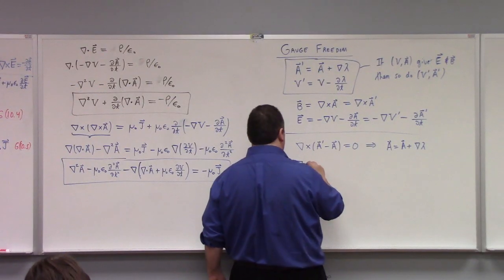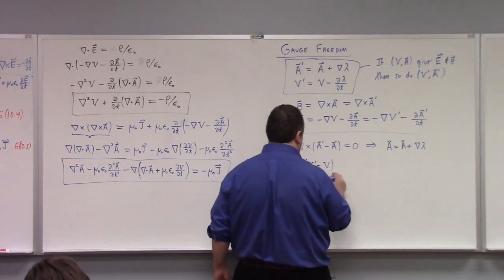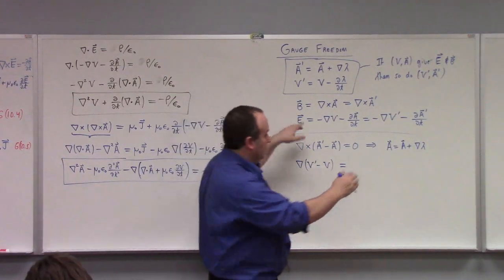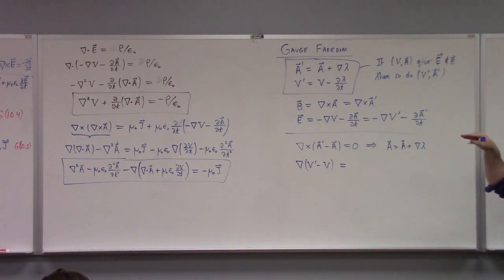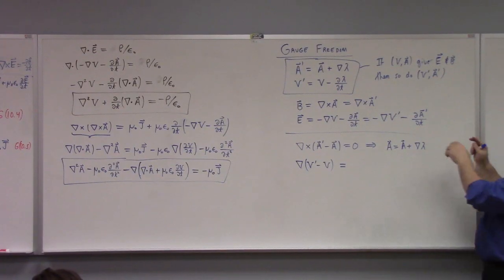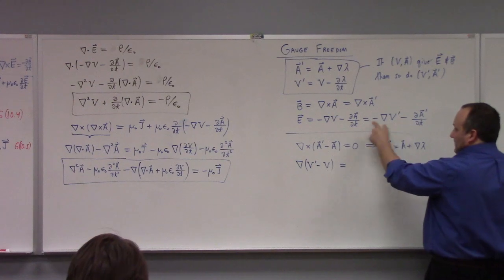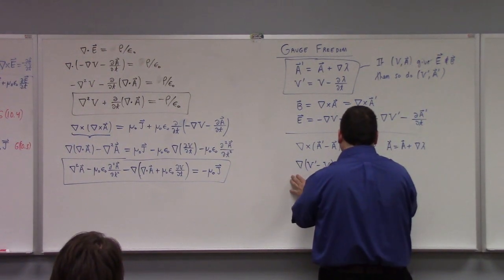The gradient of V prime minus V is what? See, that's from here, right? These two are equal by assumption. We're assuming that we have two different potentials that generate the same fields. So that means this is equal to that, which means that the gradient of the difference of V prime and V is minus the partial t of what?